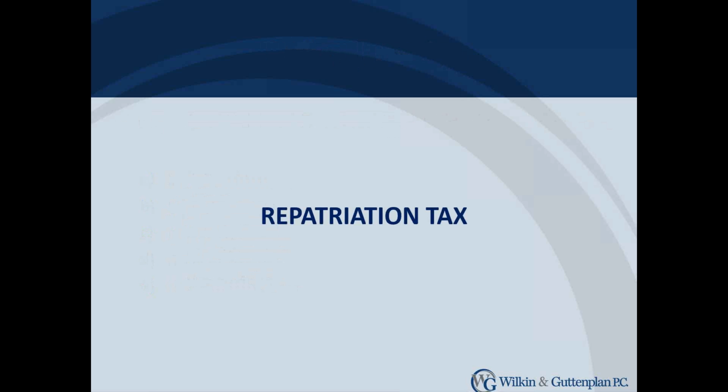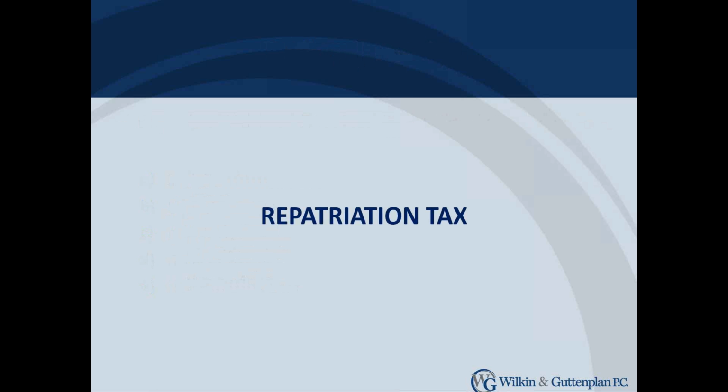Thank you, Vinay. As Vinay said, we were going to jump into, I would say, one of the biggest areas of this new tax law that has a lot of us professionals scratching our heads and trying to understand what it all means and how to adjust for it.